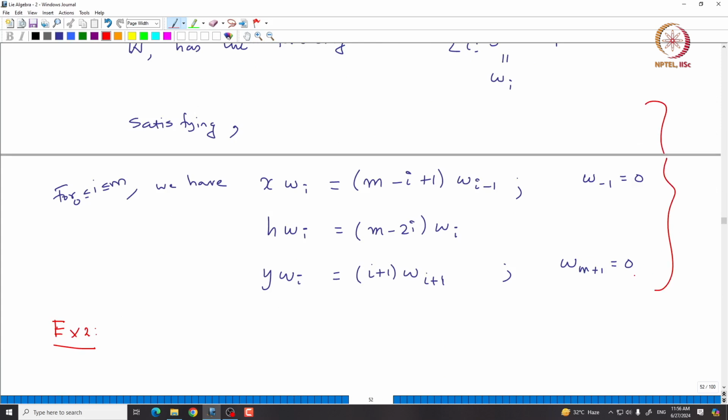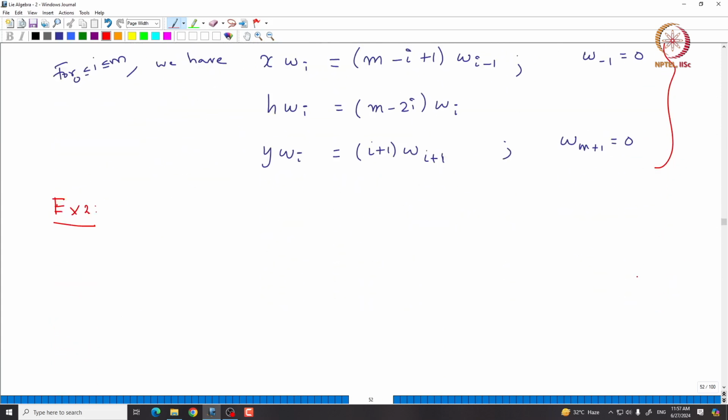Now what we are going to do is take abstractly a given m, and construct a finite dimensional representation that looks like the span of Wi. Let us start with m in Z plus, then consider V m, which is the span of Wi where i ranges from 0 to m.